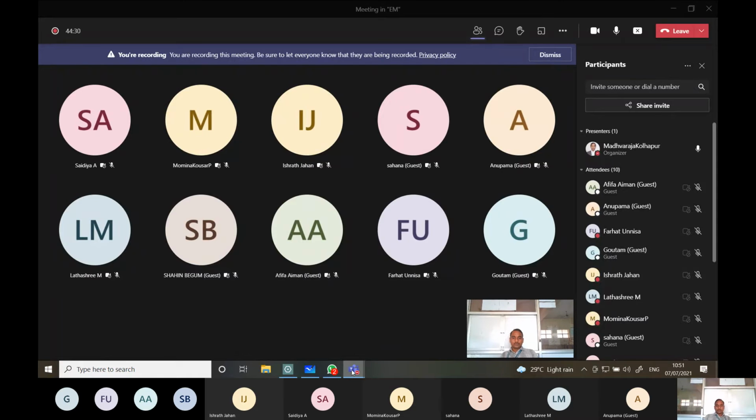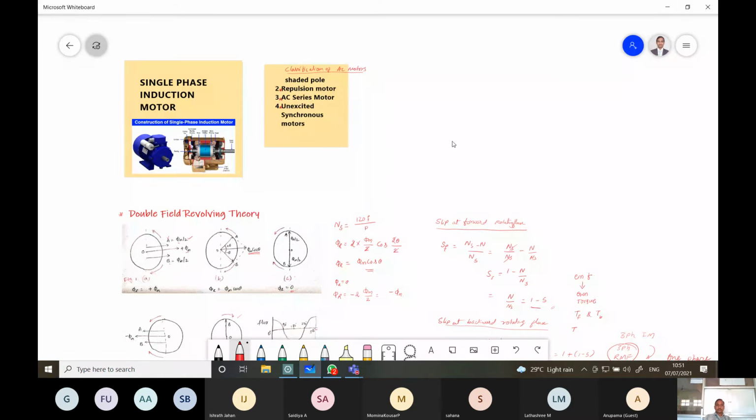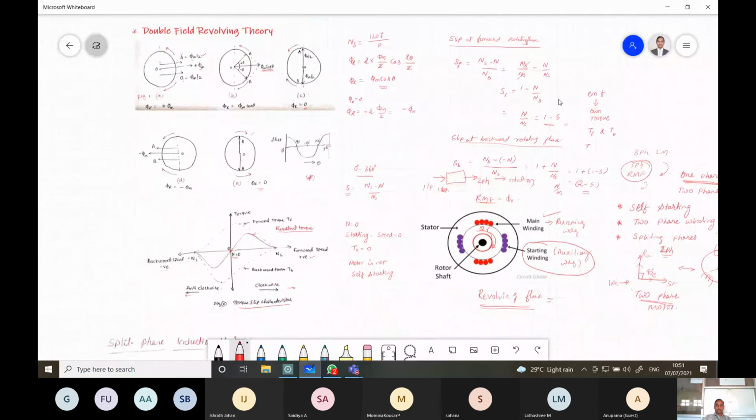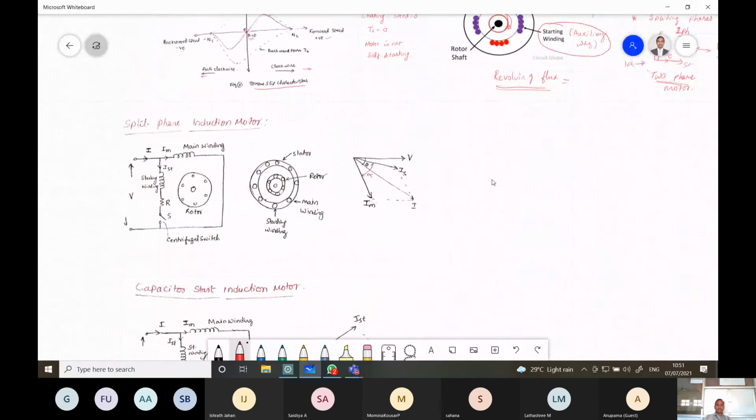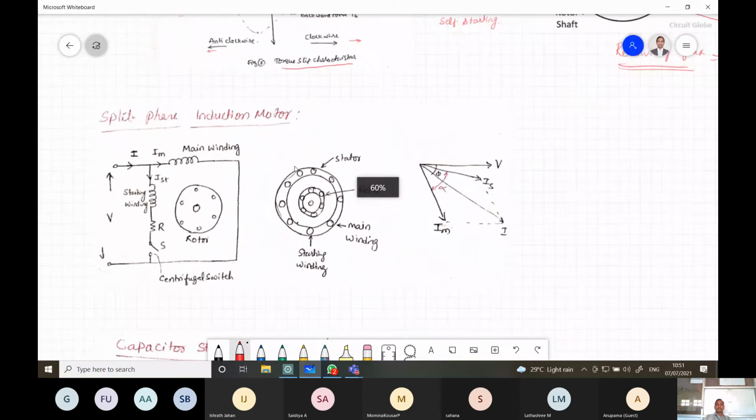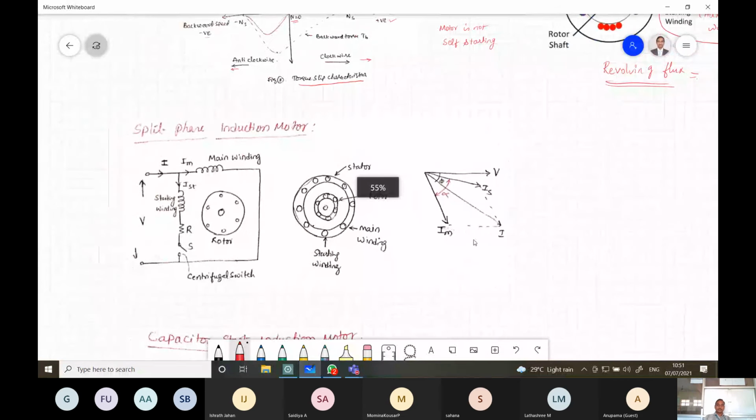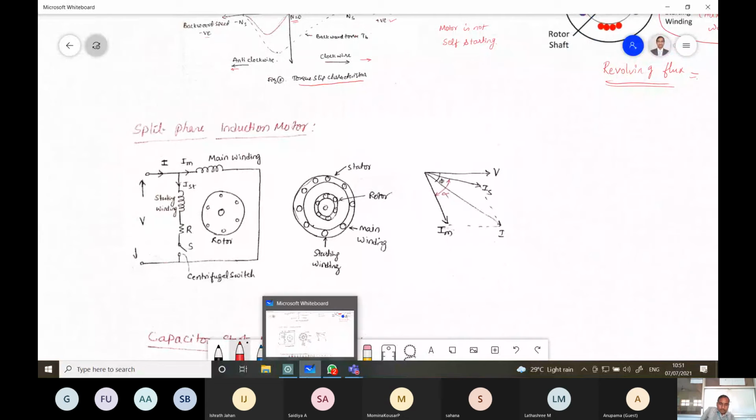Next we'll move towards the split phase induction motor. So what is a split phase induction motor? Take this diagram of the split phase induction motor.